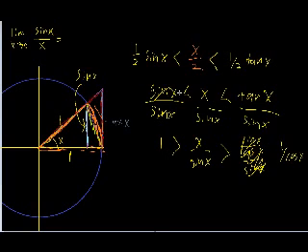Alright, so we're just going to basically flip these fractions over. So when we flip 1, that's just 1 over 1, which is still 1, which is still greater than sine of x over x. And when we flip cosine, that's just cosine of x.